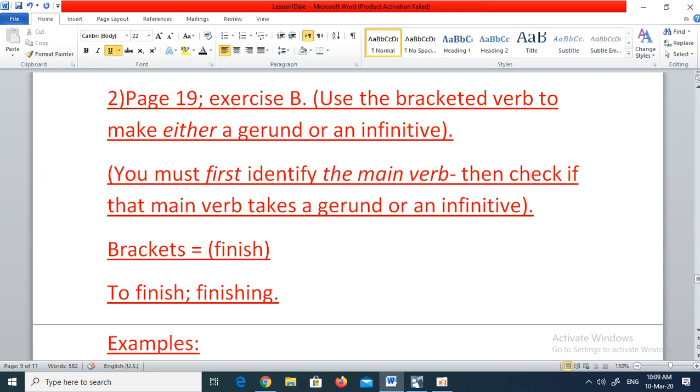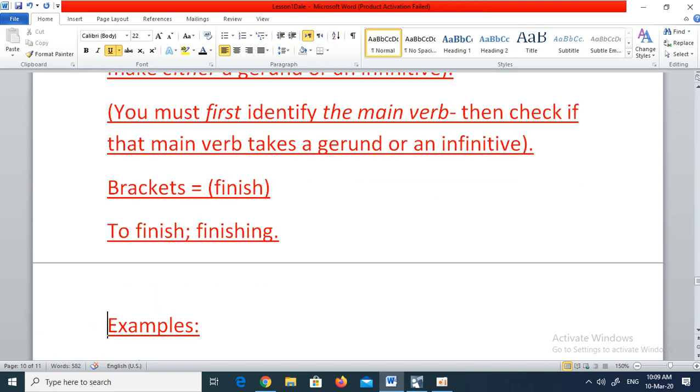Now, how do we decide whether it is going to take a gerund or an infinitive? The way you decide whether to use a gerund or an infinitive is to look firstly at the main verb. Some main verbs take a gerund, some main verbs take an infinitive, and there are some that can take an infinitive or a gerund.